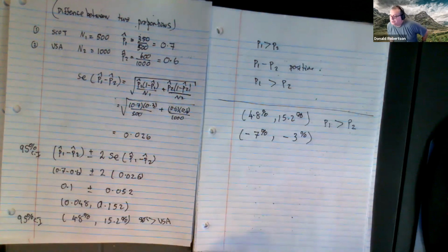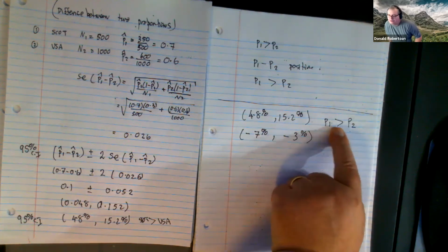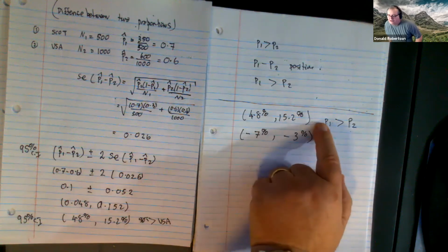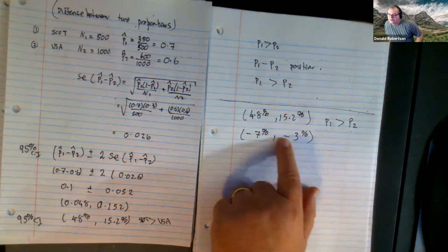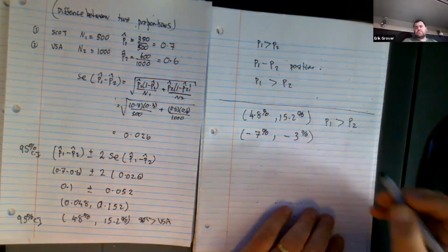That can happen too. What do you think if the differences are all negative numbers? What do you think the connection between P1 and P2 is now? If when they're all positive, the first guy is bigger than the second, what do you think it means when they're all negative percentages? P2 is bigger than P1.